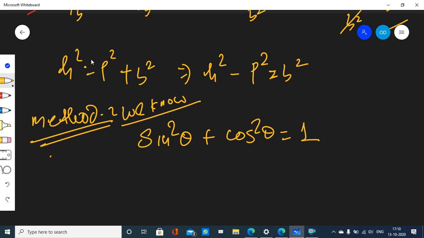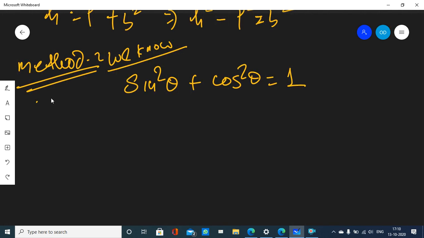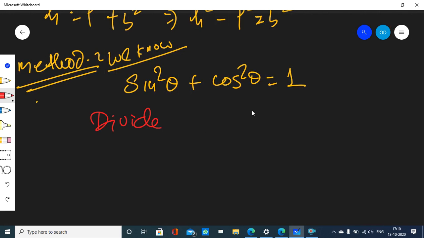Let's divide both sides of this equation by cos square theta. Because it is an equation, the left expression and the right expression are equal to each other, so I can divide the same thing on both sides, right?